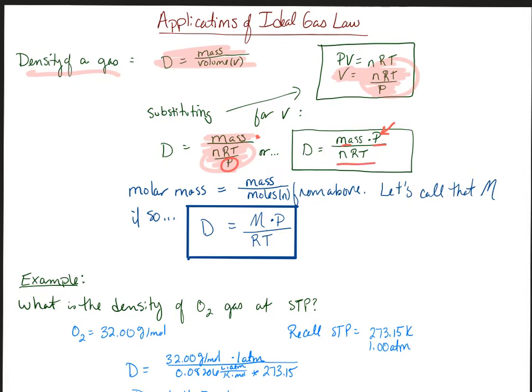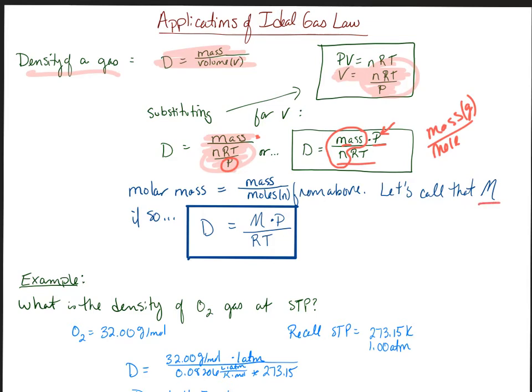Well, if you recall, molar mass is defined as mass per mole. So grams per mole. And so what we can say is this right here, the mass and the n, is the same thing as molar mass.